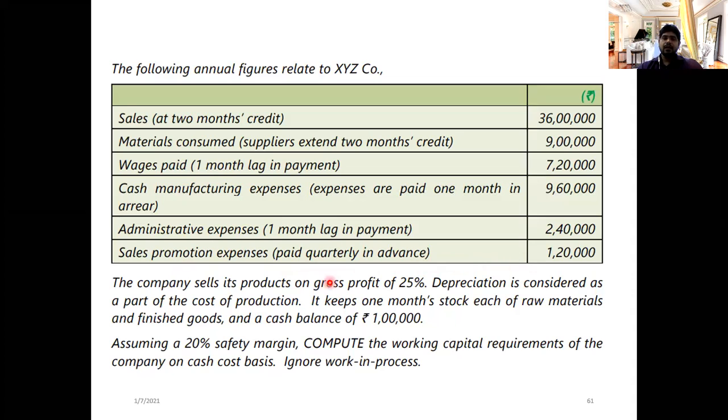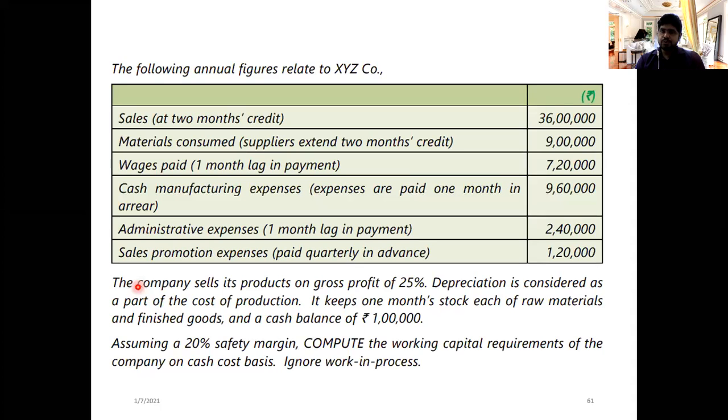20,000. And the company sells its products at a gross profit of 25%. So their profit margin is 25% on sales. Depreciation is considered as a part of cost of production, right? The 25% of the cost includes depreciation also.